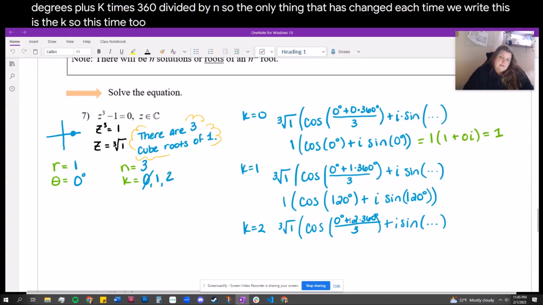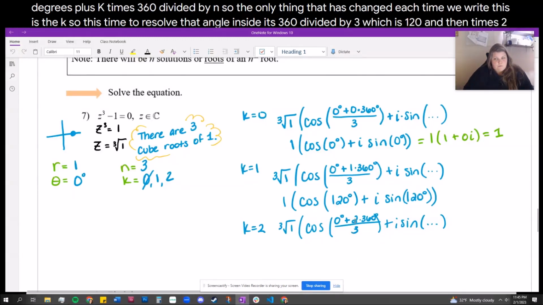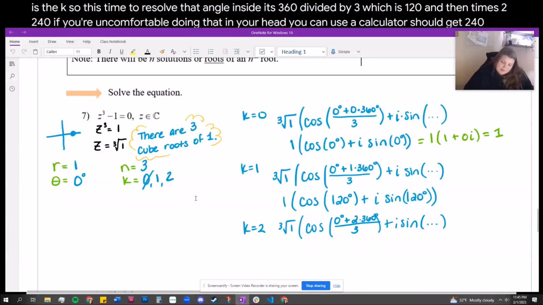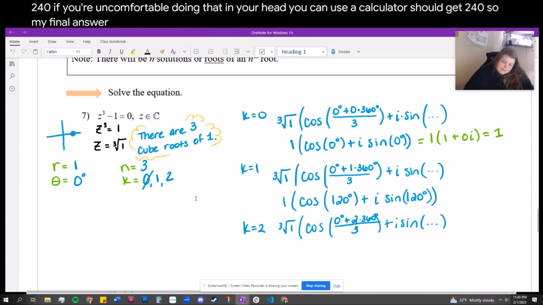So this time to resolve that angle inside, it's 360 divided by 3, which is 120, and then times 2, 240. If you're uncomfortable doing that in your head, you can use a calculator. Should get 240. So my final answer is 1 cosine of 240 plus i sine 240.